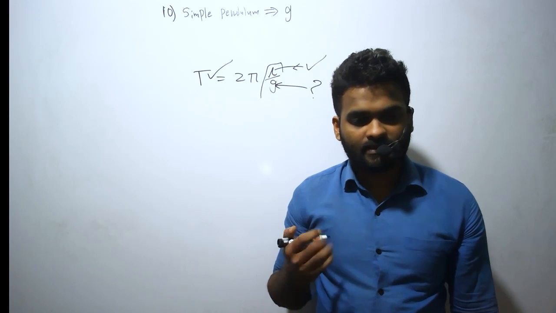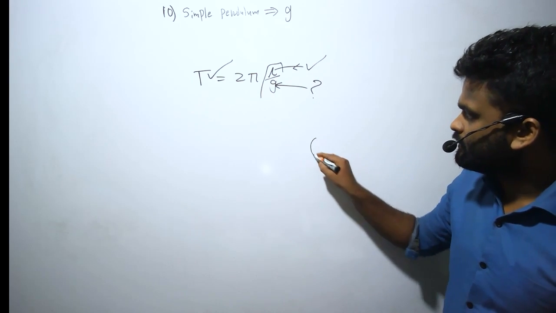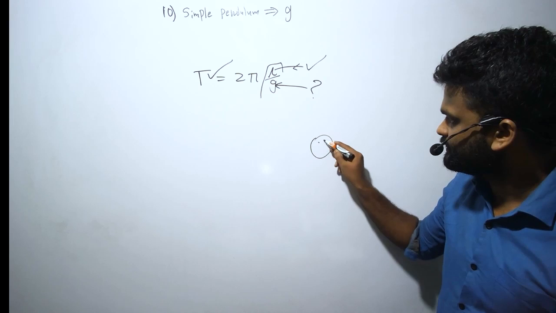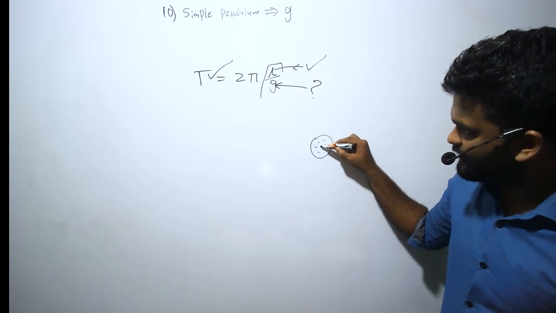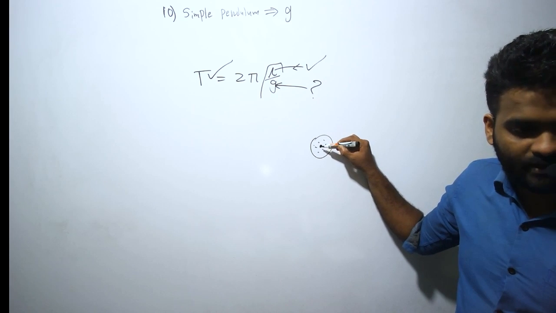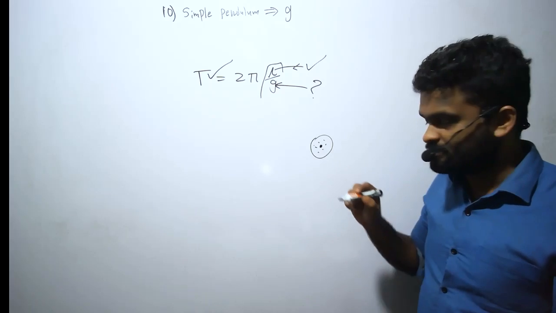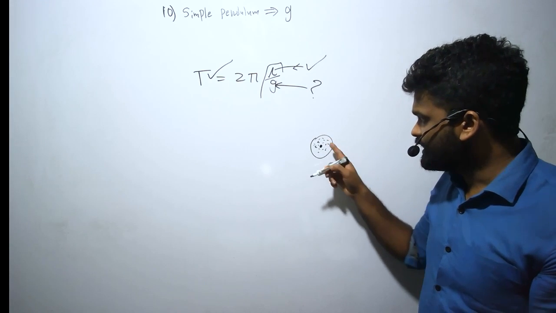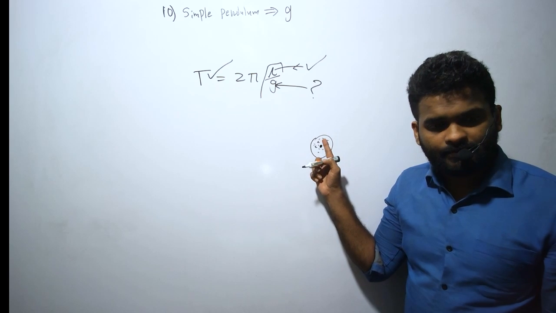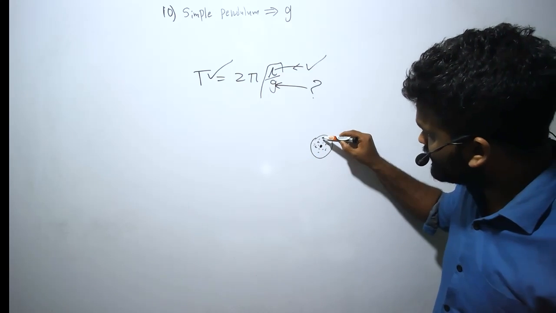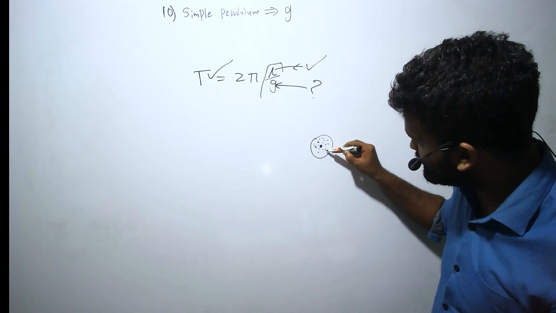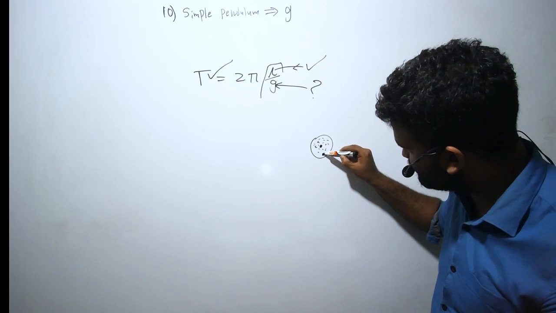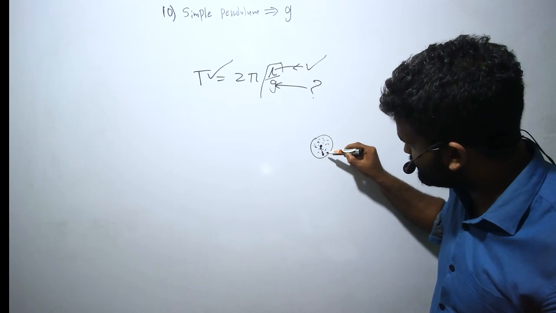So what is random error? Let's say this is the accurate value, right in the middle, the accurate value. But in the experiment, you get values like this. So let's say you got just one value here. There's a gap here, right?